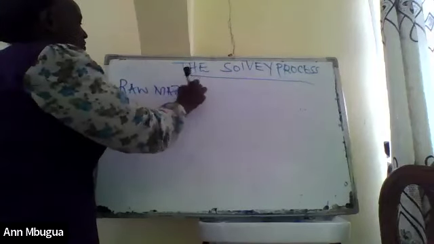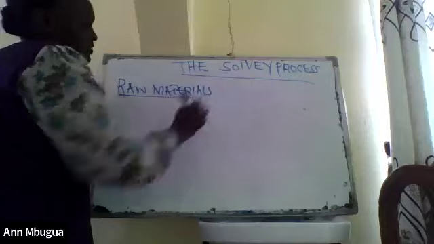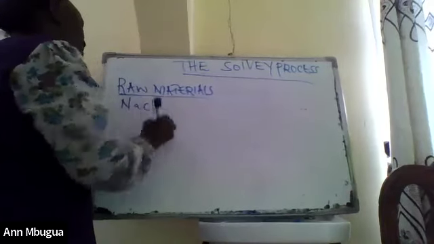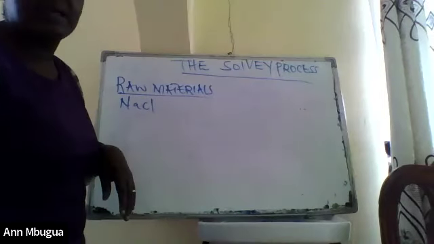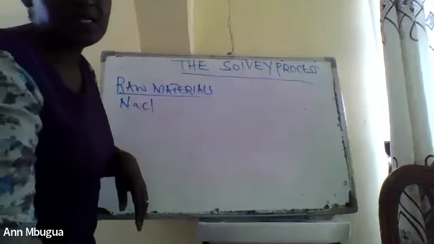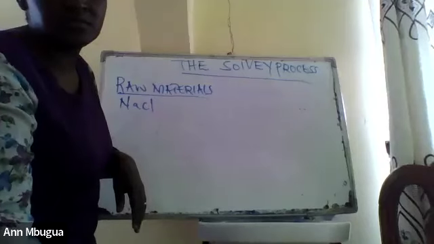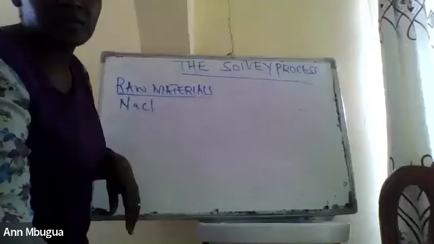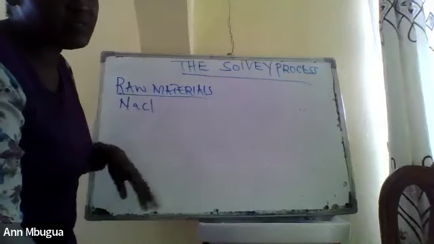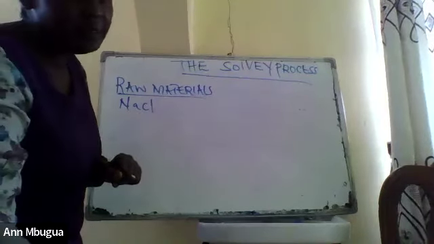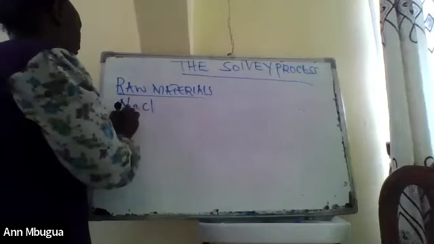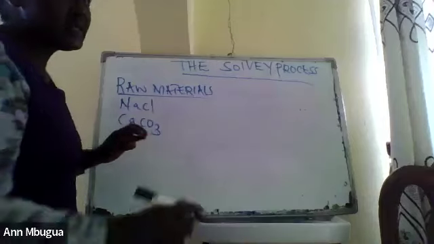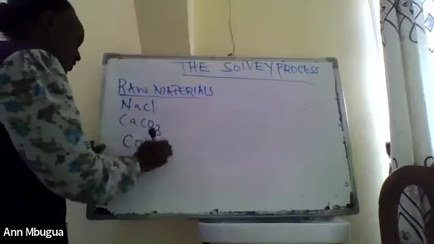The raw materials are: one, sodium chloride; two, calcium carbonate; and the third one is coke.